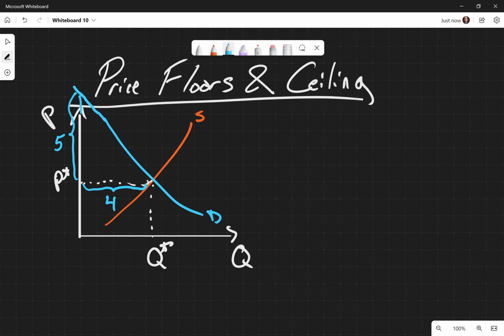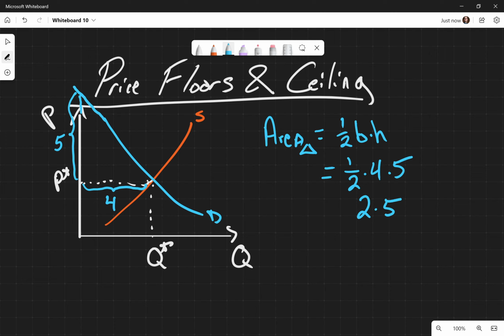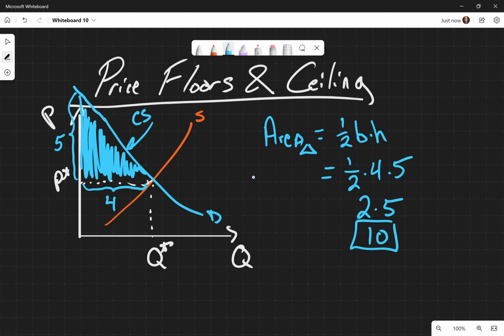What's the area of a triangle formula? 1/2 base times height, right? Just half of a rectangle. And so we're going to do 1/2 times 4 times 5. 1/2 times 4 is 2. 2 times 5 gives us 10. So we can see that this shaded area is 10 units, or $10, or whatever the case may be. The consumer surplus is 10.